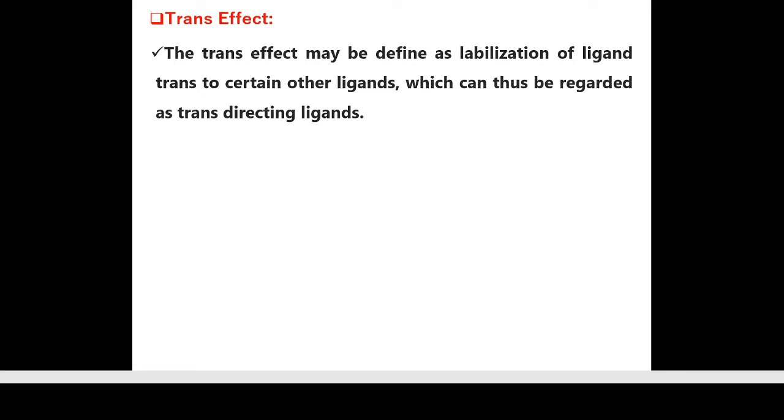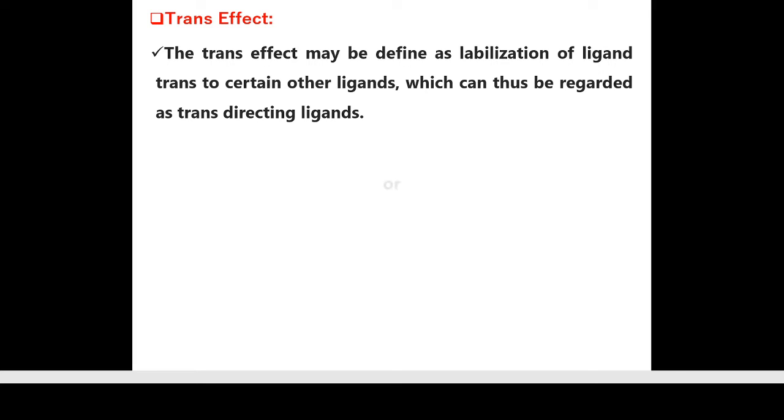First of all, what is meant by labile ligand? Labile ligand means one which easily exchanges. That ligand is easily exchangeable. That is nothing but labile. So, the trans effect may be defined as labilization of a ligand trans to certain other ligand. Only consider the trans position. Okay.